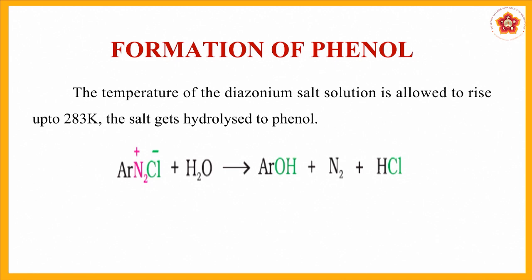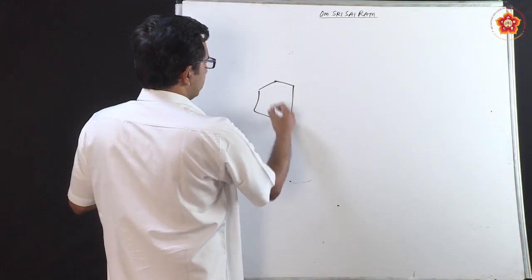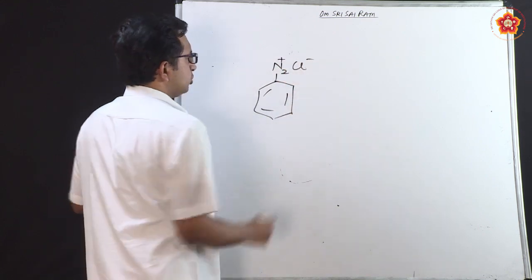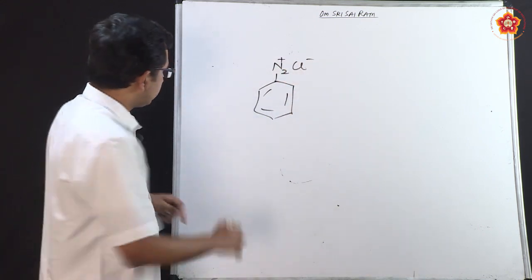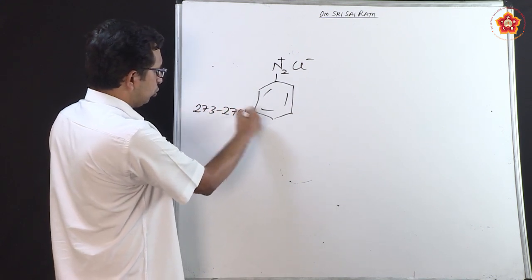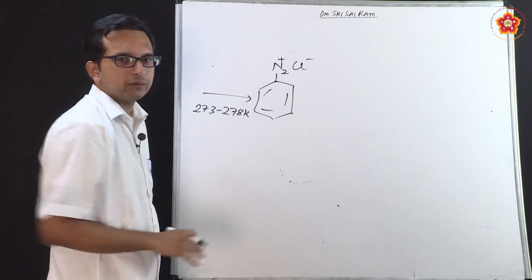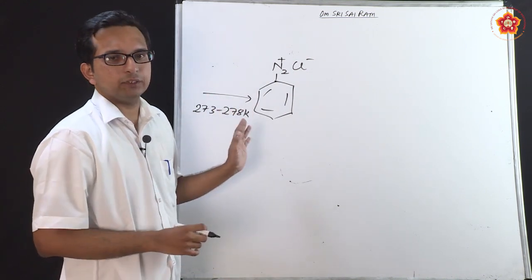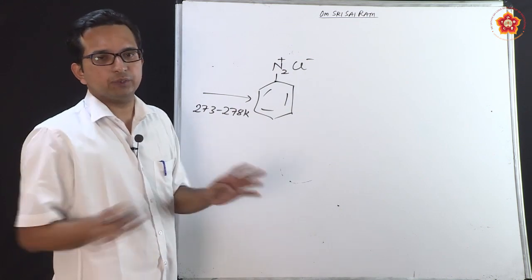So, we already know that these benzene diazonium chlorides, if you remember their preparation, we had actually used a temperature of around 273 to 278 Kelvin only. This is the preparatory part. So, what I can tell here is that only at this temperature this reaction happens, or it becomes charred, it becomes black.